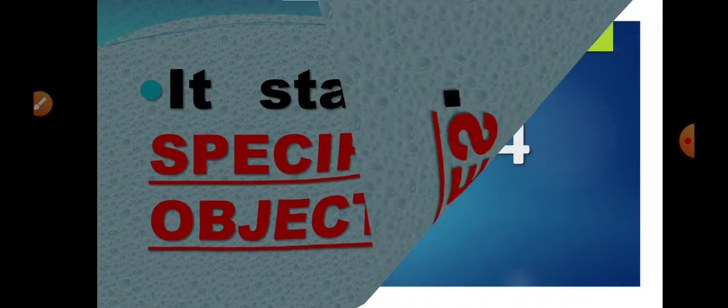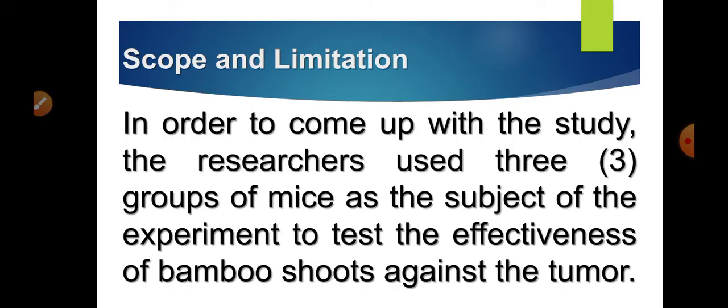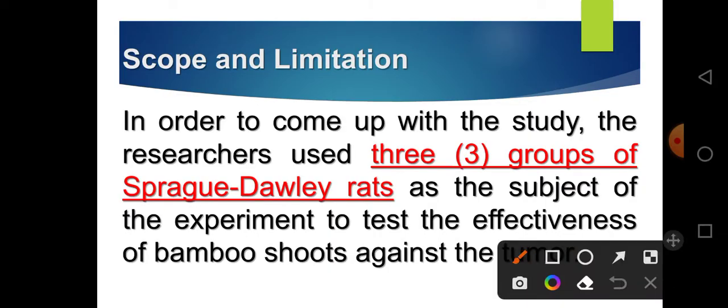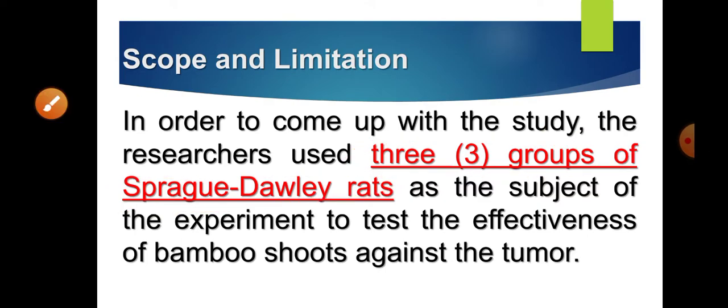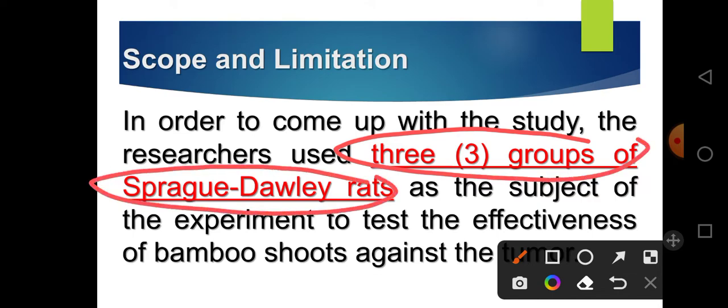Next we have the fourth example: in order to come up with the study, the researchers used three groups of Sprague Dawley rats as the subject of the experiment to test the effectiveness of bamboo shoots against the tumor. These three groups of Sprague Dawley rats are the subjects of your study.